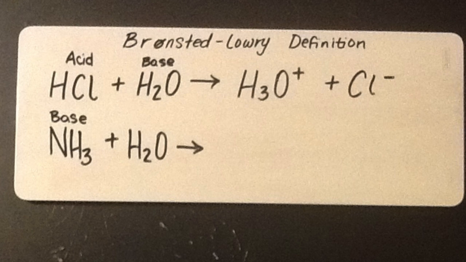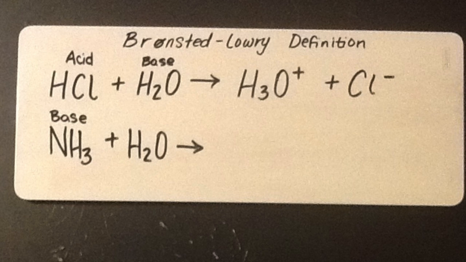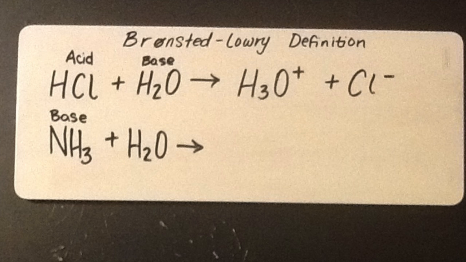Okay, so that was a reaction that used some things that you already knew. Let's look now at that most famous Bronsted-Lowry base we were just talking about, ammonia, NH3. The Bronsted-Lowry definition and your experimental data from the lab showed us that ammonia is a base. So let's look at what happens when it's dissolved in water.